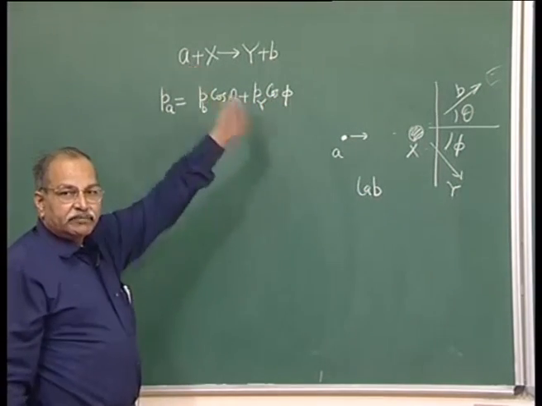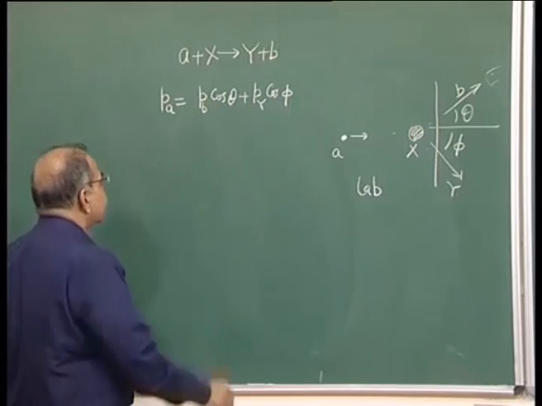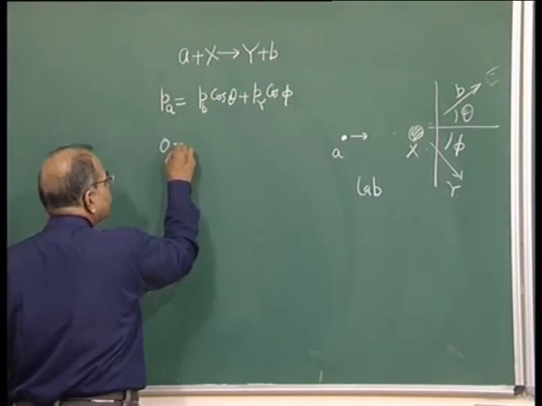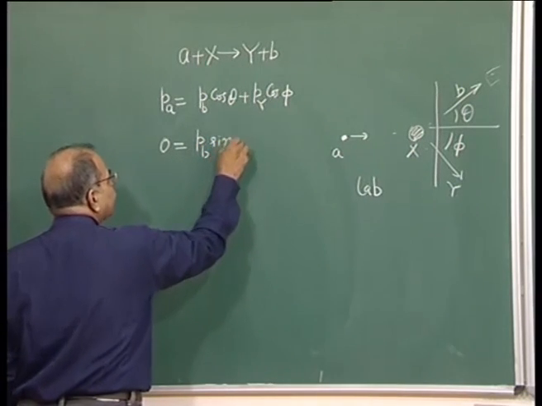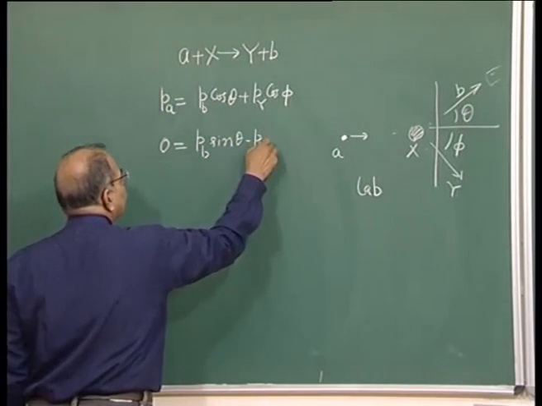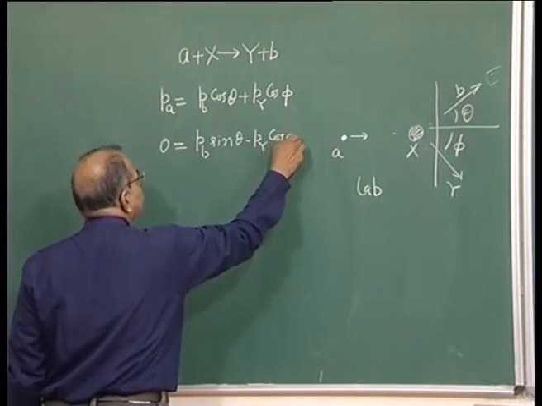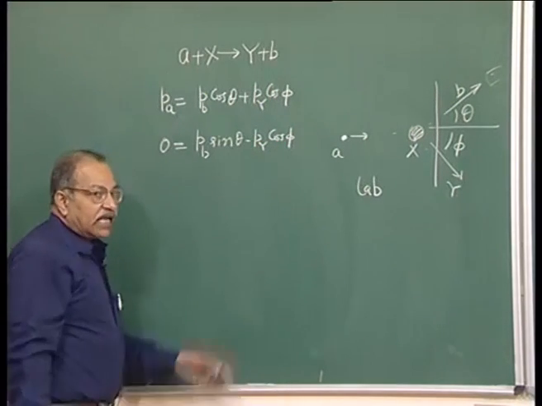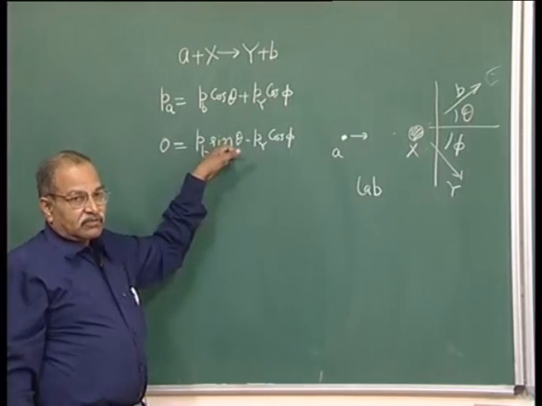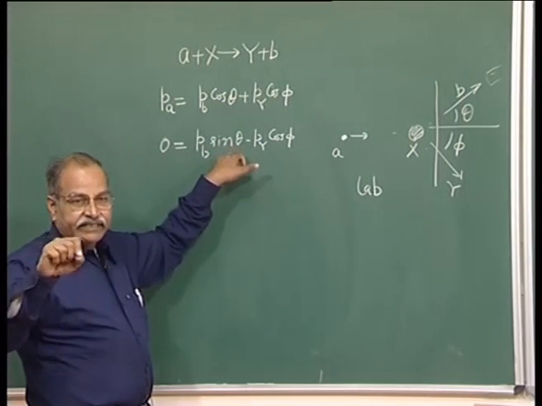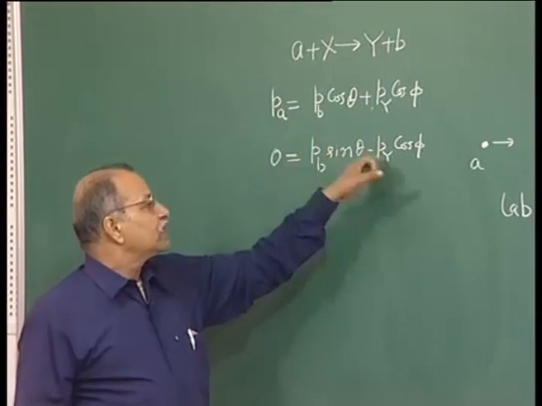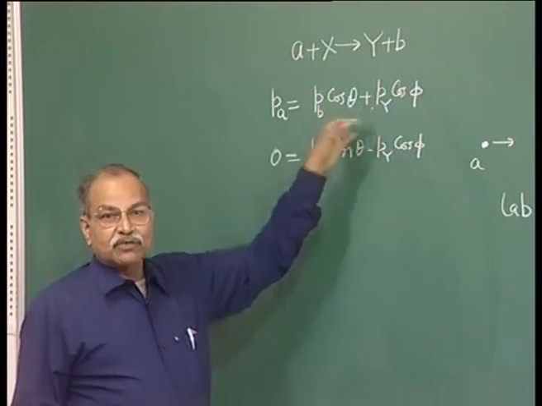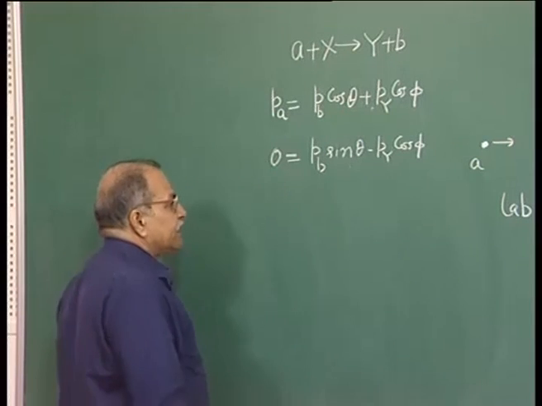Whereas for the perpendicular, transverse direction, the initial momentum is 0, and therefore that should be equal to P b sin theta minus P y sin phi. This has to be taken into account. If I am looking at energy conservation, these momenta are to be conserved, because they will also be contributing towards kinetic energy.